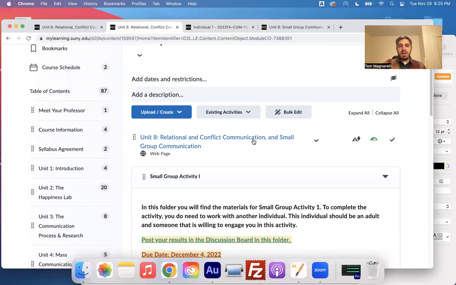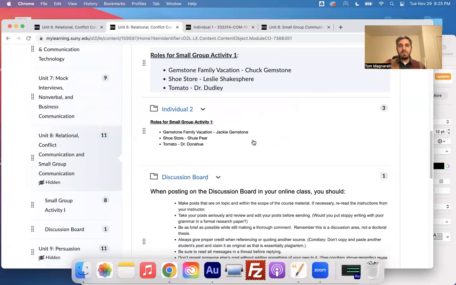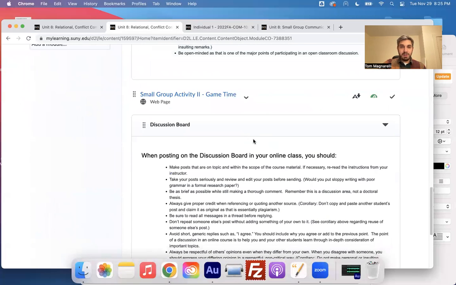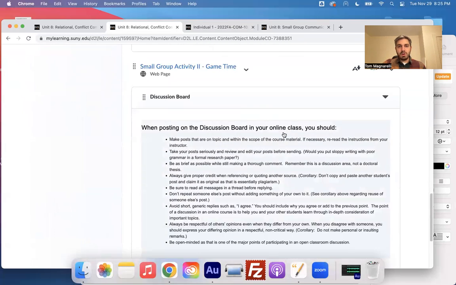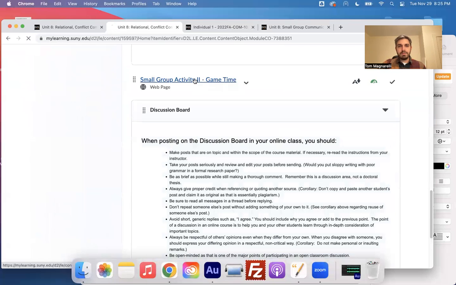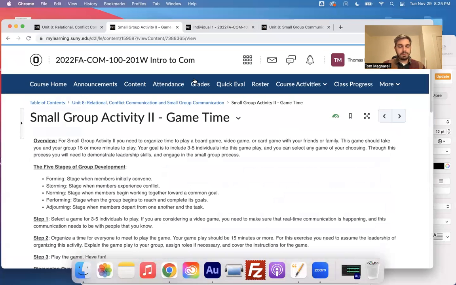Okay, we have one more activity, and that's going to be small group activity 2, game time. So let's go over what that is. For small group activity 2, you need to organize time to play a board game, video game, or card game with your friends or family.